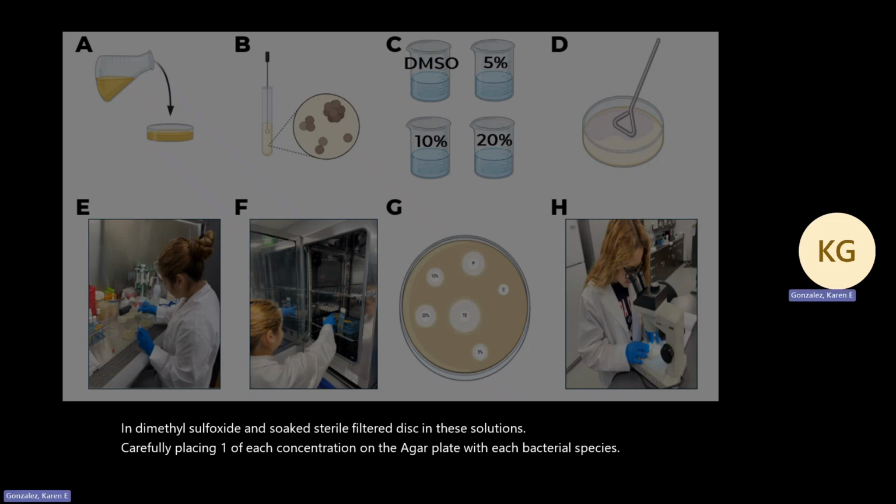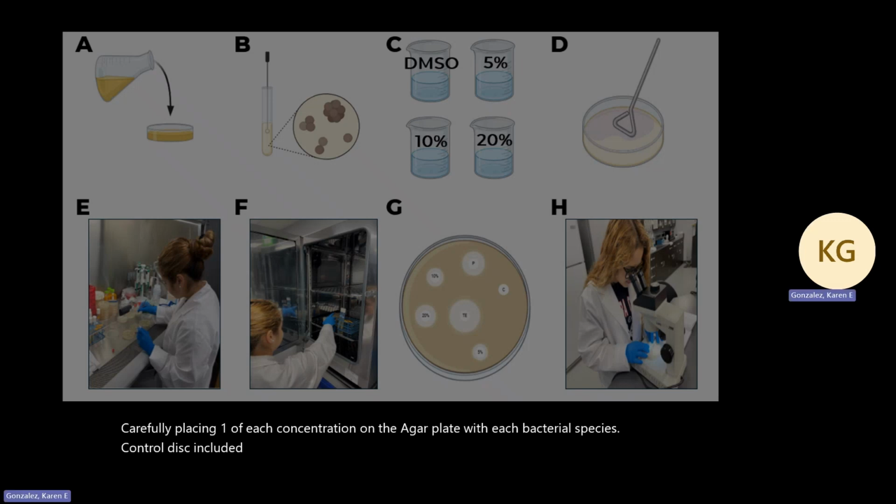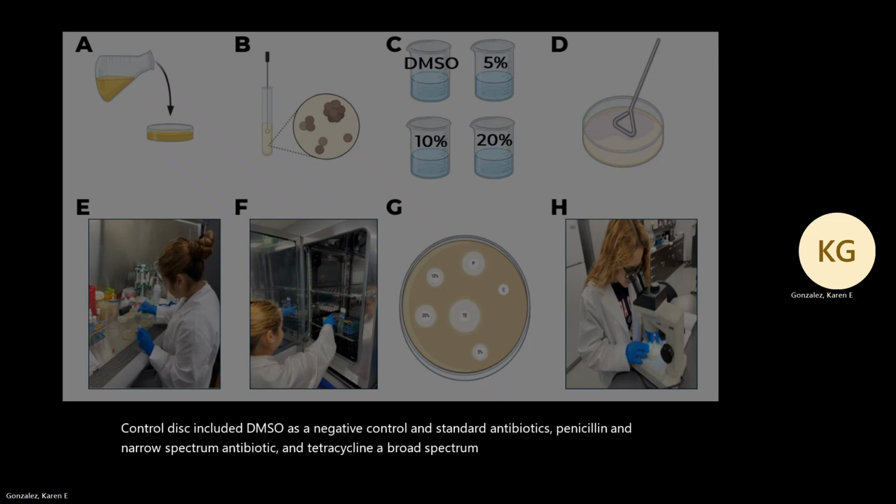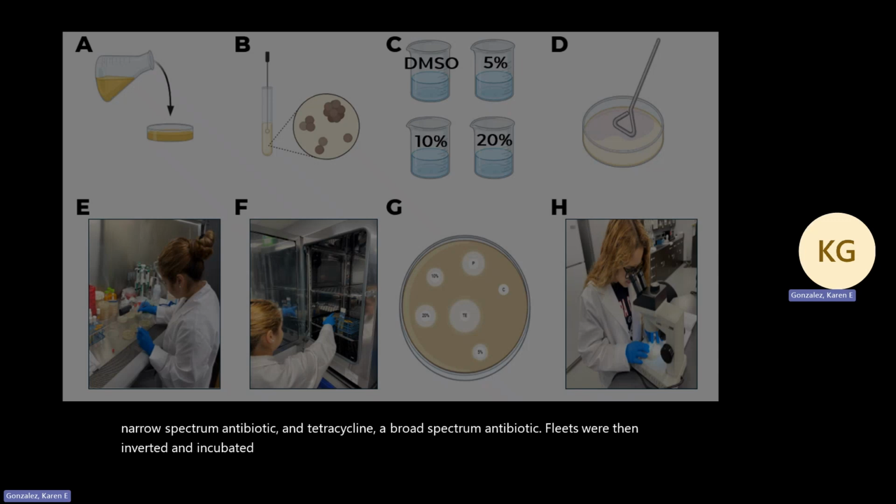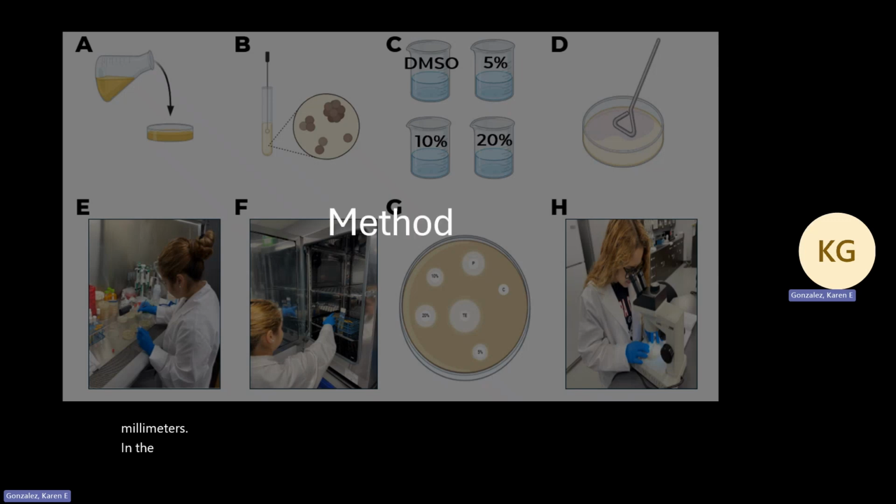Control discs included DMSO as the negative control and standard antibiotics, penicillin, a narrow spectrum antibiotic, and tetracycline, a broad spectrum antibiotic. Plates were then inverted and incubated for 24 hours at 37 degrees Celsius, and growth inhibition was measured in millimeters. In the next slide, we will take a look at the zones of inhibition of two of the species tested.